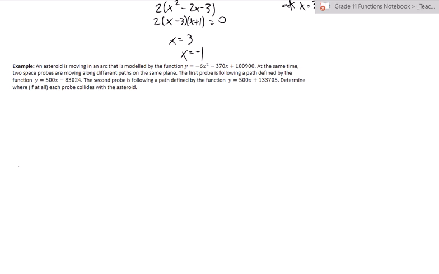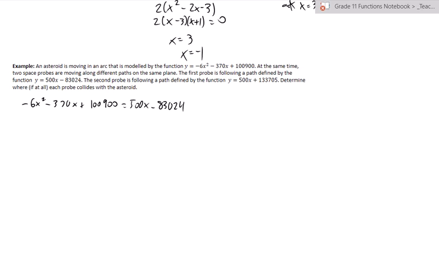So we're going to set negative 6x squared minus 370x plus 100,900 equal to 500x minus 83,024. And then we need to move everything over to one side.